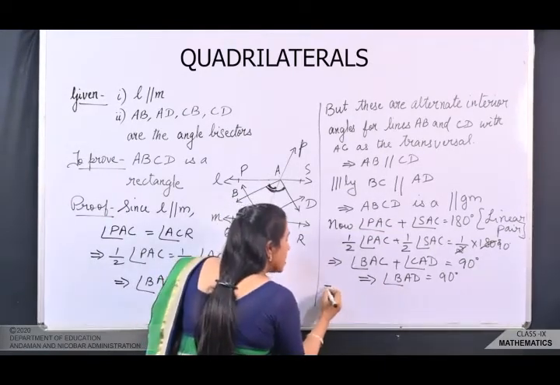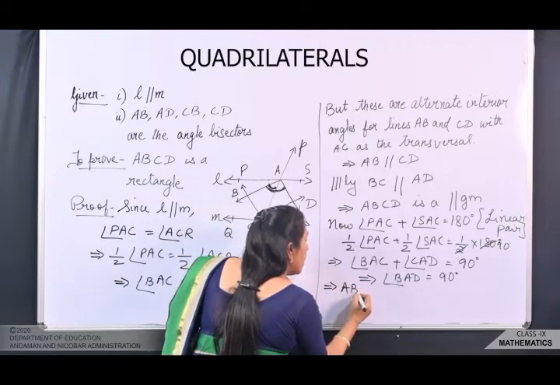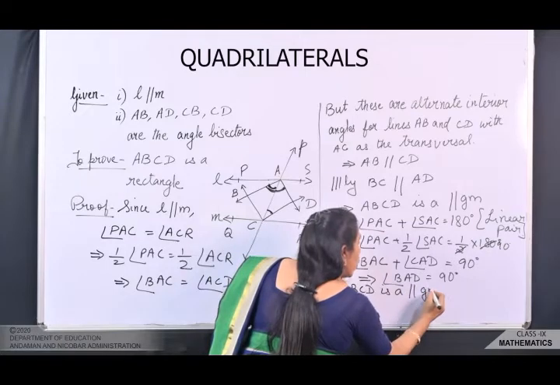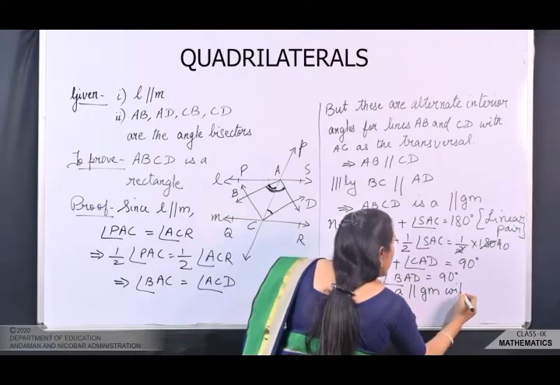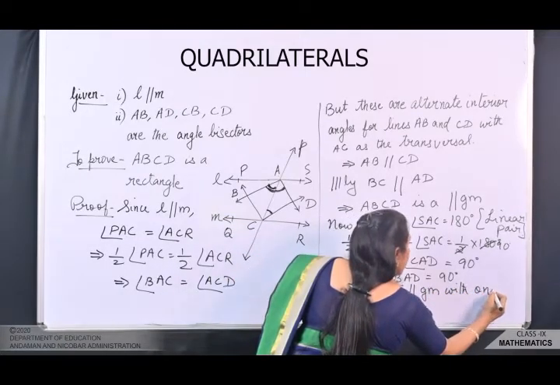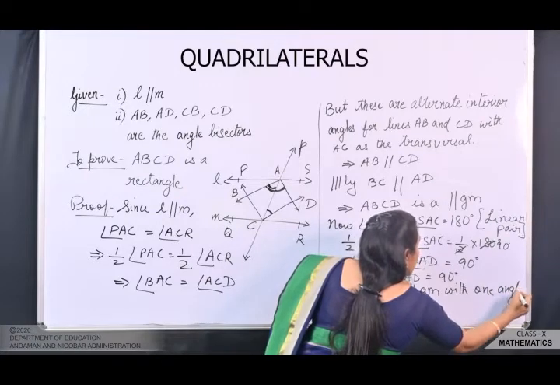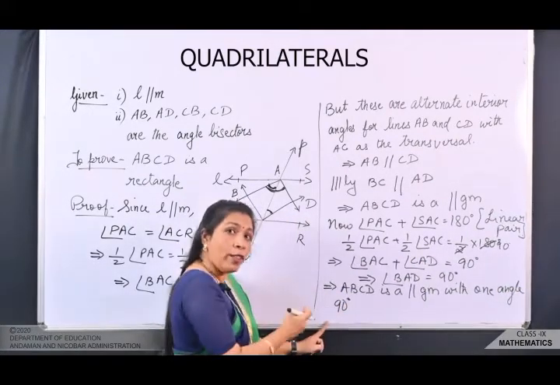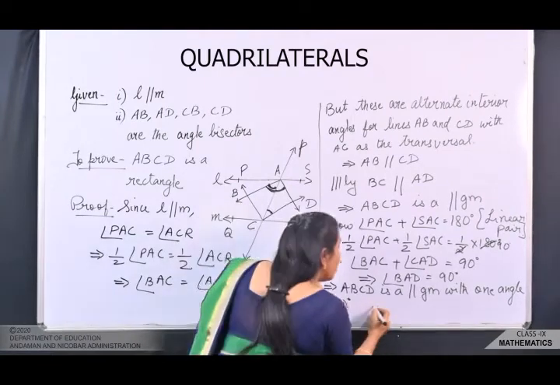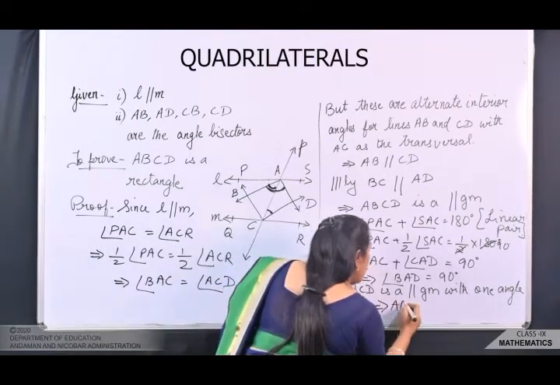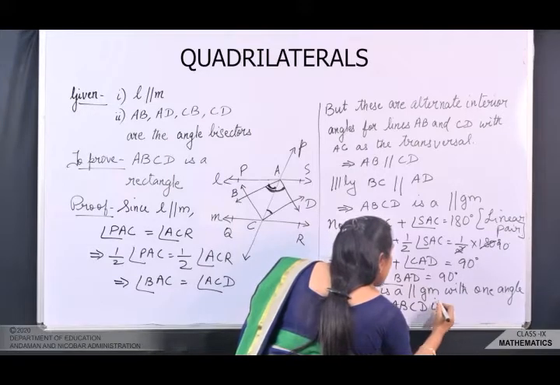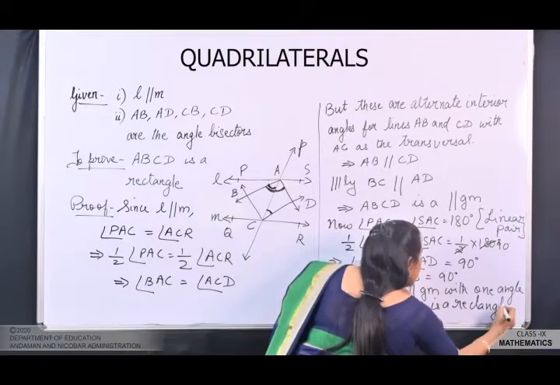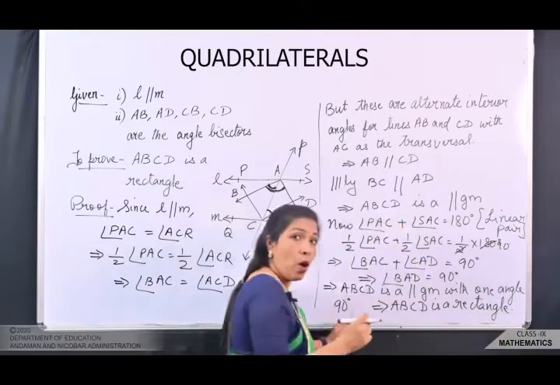Which implies ABCD is a parallelogram with one angle 90 degree. We got the definition of rectangle, which implies ABCD is a rectangle. And hence we got our answer.